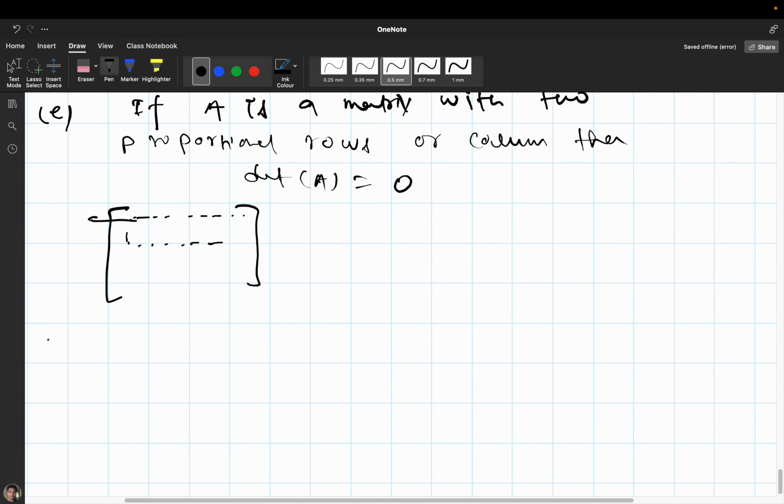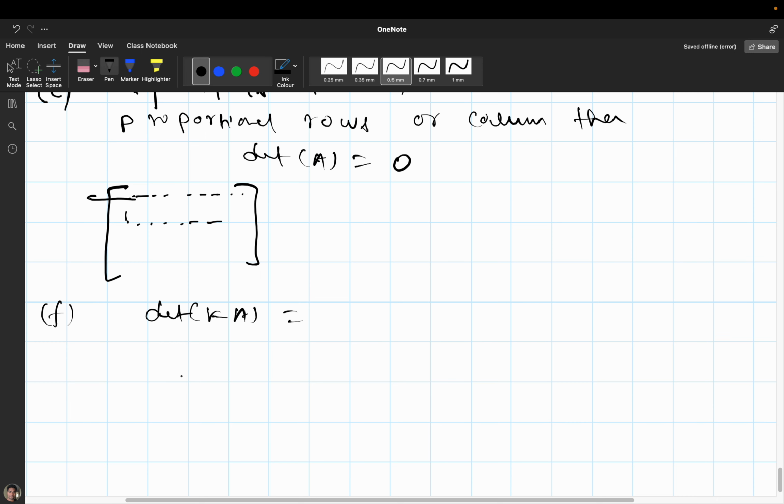Now, property number F. Determinant of k times A. What will happen? If A is an n by n matrix, it will become k raised to the power n times determinant of A. It is clear, right?